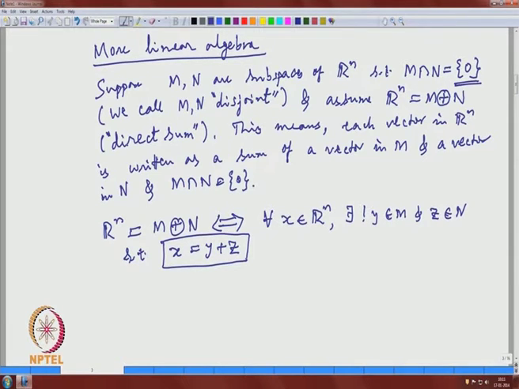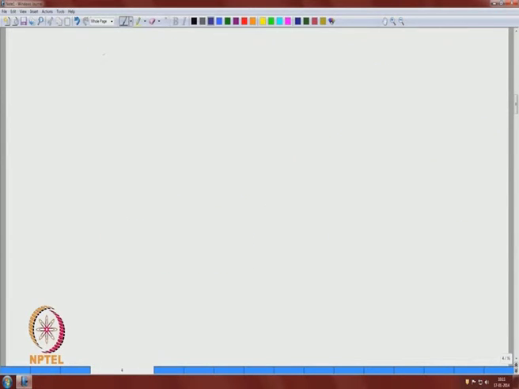And this is easily extendable to any finite number of subspaces, and that is what we are going to do. In addition, suppose M and N are invariant under A. Remember, A is a given n by n matrix.